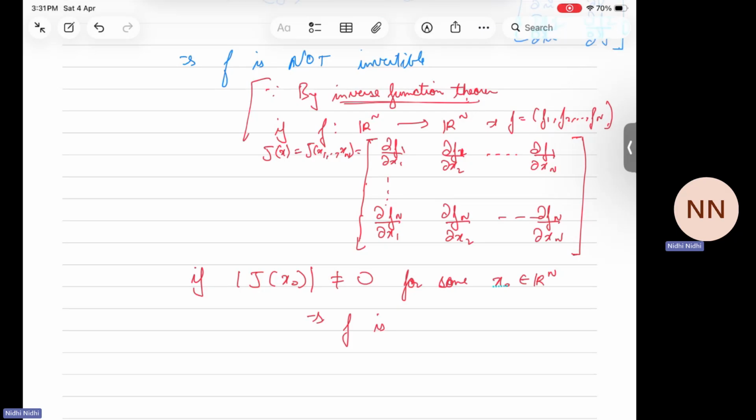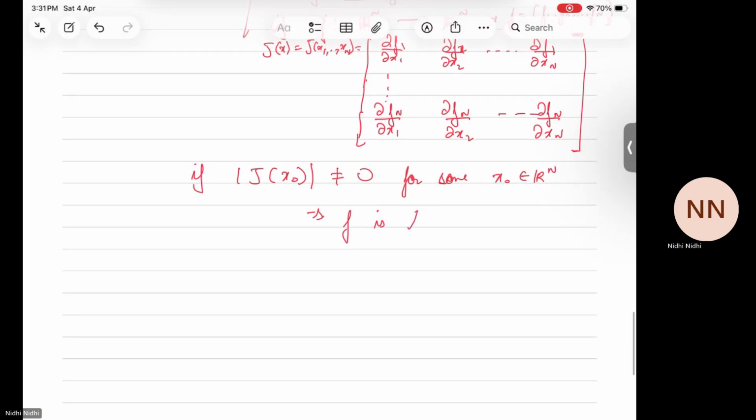That means we are able to find its inverse at least in a neighborhood of x naught. That's the main essence of this inverse function theorem.